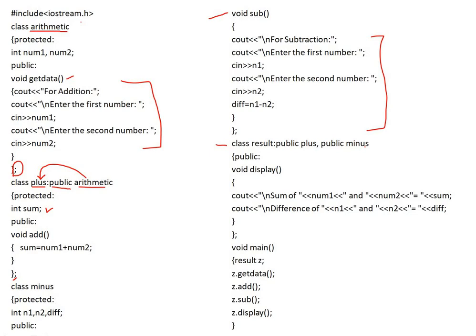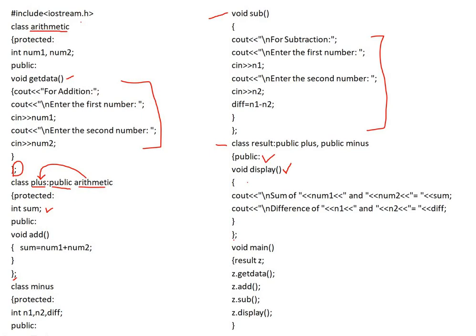Under this class we have written just one section, that is the public section, with only one member function definition, that is void display. Within the void display we have written two cout statements to display the values of sum and diff. Next we have closed the class definition.